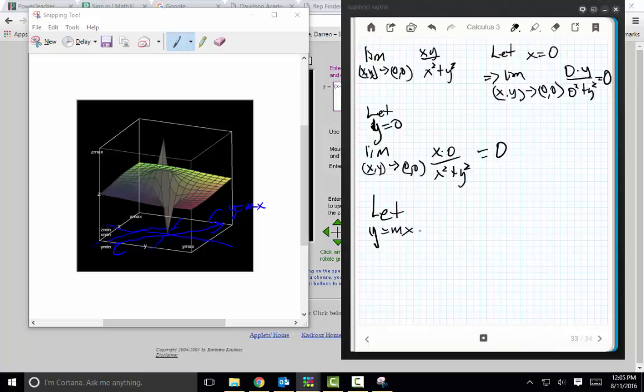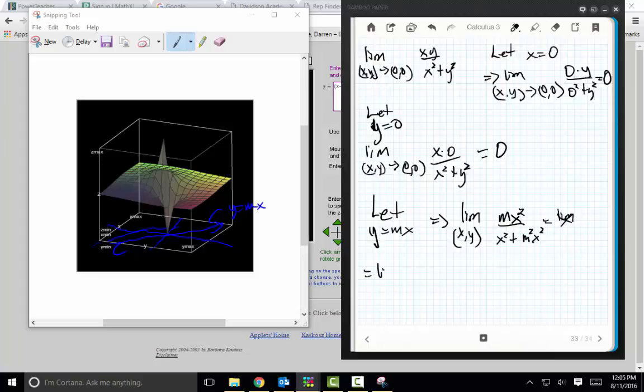All right, so let's see. Let y equal mx. This implies the limit as x, y, and I could say x comma mx if I wanted to, just like I could say x comma 0 here and 0 comma y here. Let's plug in y equals mx. So what do I get? I get m x squared over x squared plus m squared x squared.